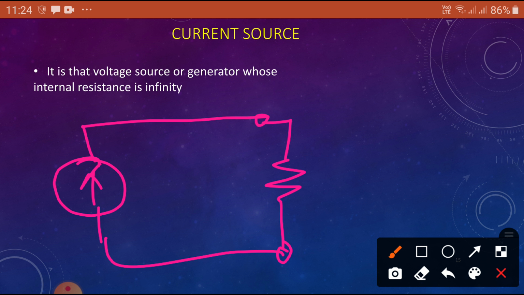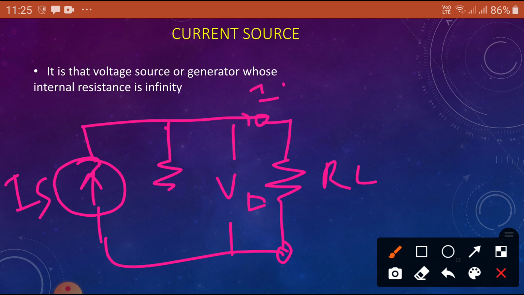We can see this is RL, the VL load or V out, and this is the IS. Now, whatever current is flowing here is I1. Here, the internal resistance should be very, very high, that should be infinity.